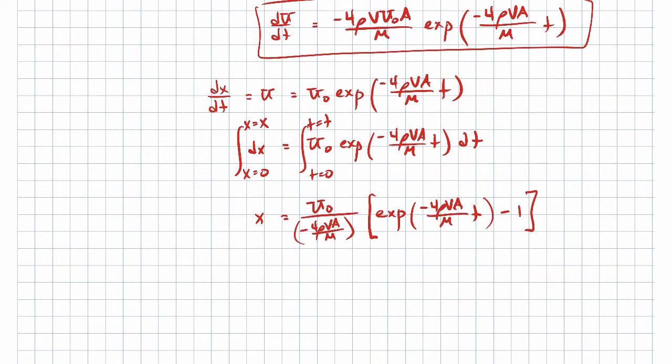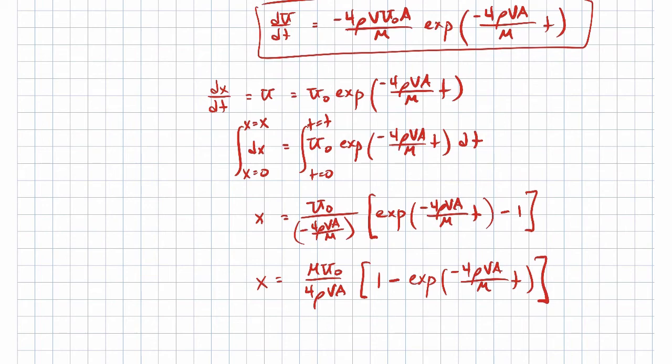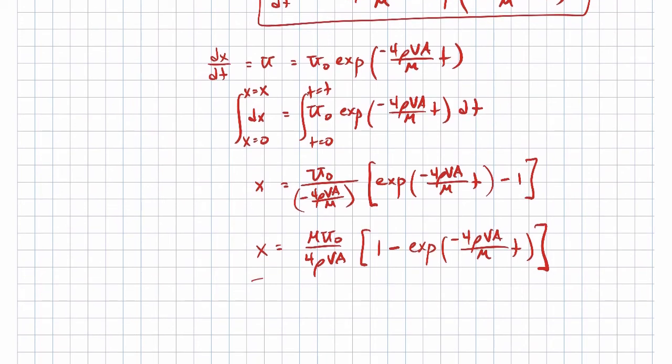So x, I'll carry this negative sign through the square brackets. All right, I think I'm in pretty good shape there. So that's our position as a function of time.